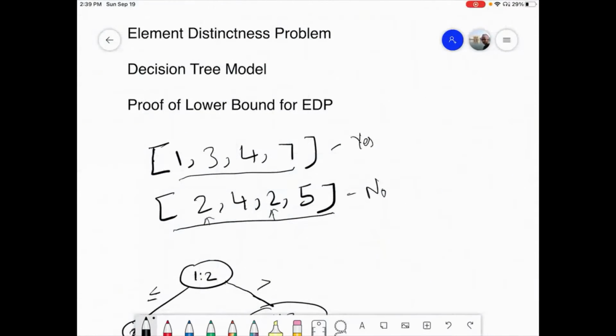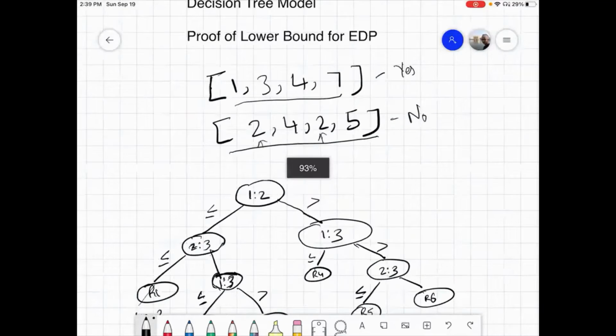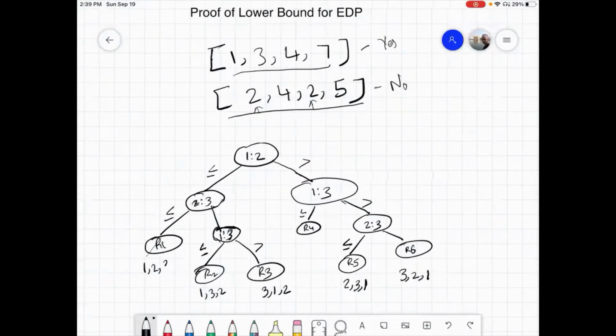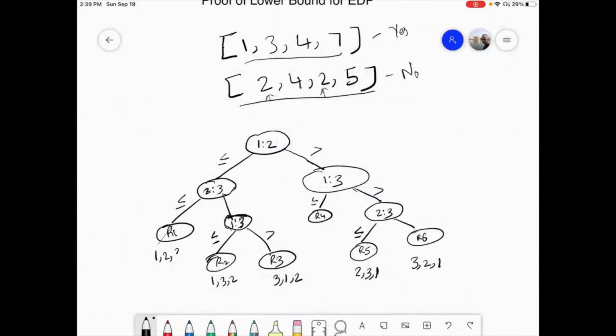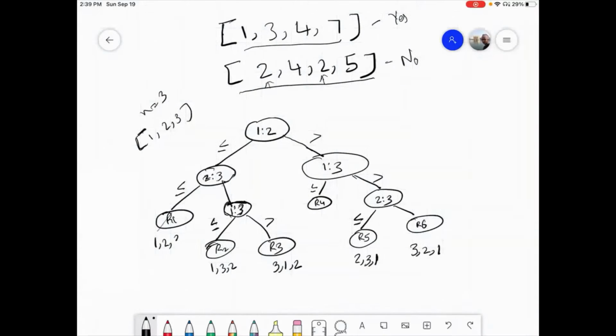So we know that when you sort an array, the lower bound is omega n log n. So how do we get to that conclusion? When you consider the decision tree model, here we are assuming that n is equal to 3. Let's consider the array 1, 2, and 3. So here n is equal to 3, and it leads us to n factorial permutations.